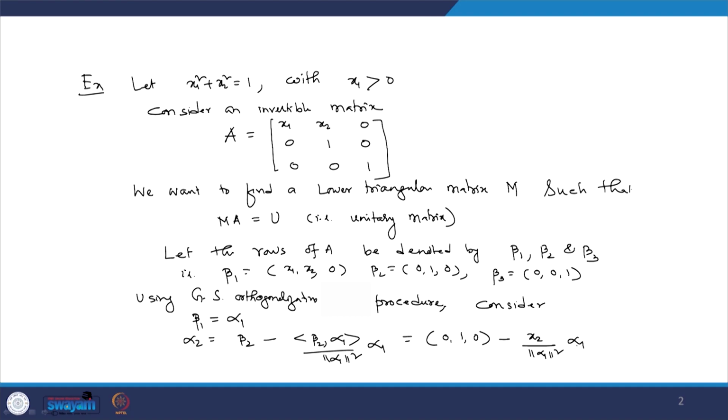So, alpha 2 equals 0, 1, 0 minus x2 times alpha 1, where alpha 1 is x1, x2, 0. Alpha 1 square is x1 square plus x2 square, which is equal to 1.